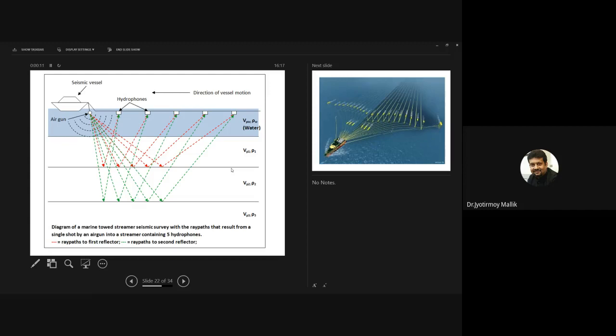And you can see in this particular cartoon what I was essentially discussing: the product between the velocity and the density is called acoustic impedance, and the contrast in acoustic impedance determines how much energy will be reflected, right?